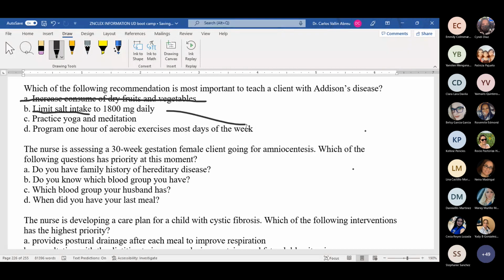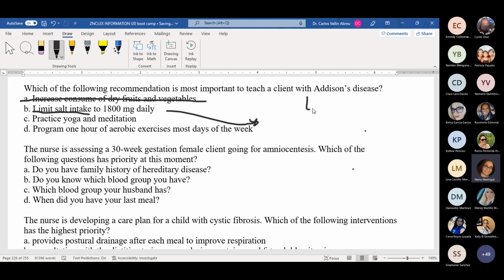Is there any other situation in which we nurses don't recommend reducing the intake of salt? Because in general, for the population it is good to recommend reducing the intake of sodium. But now we know that there are exceptions, like in any rule. Addison disease is one of the exceptions. Is there any other exception in which reducing the intake of sodium is not good?